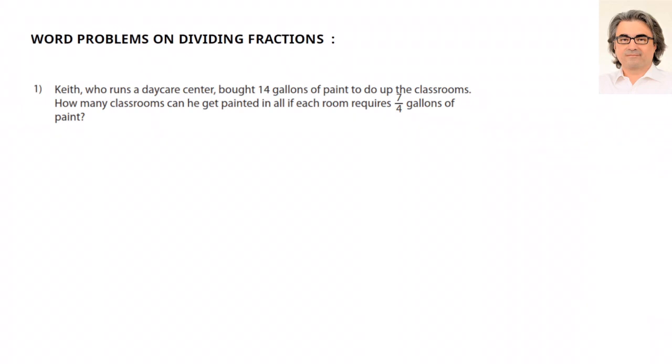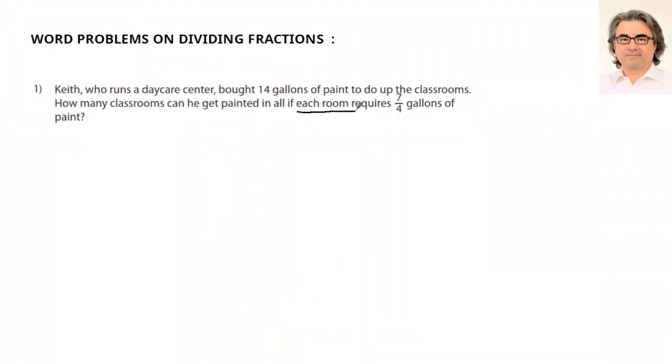Kate, who runs a daycare center, bought 14 gallons of paint to do up the classrooms. 14 gallons, don't forget it. How many classrooms can he get painted in all if each room requires 7 over 4 gallons? Now, this is my main subject.